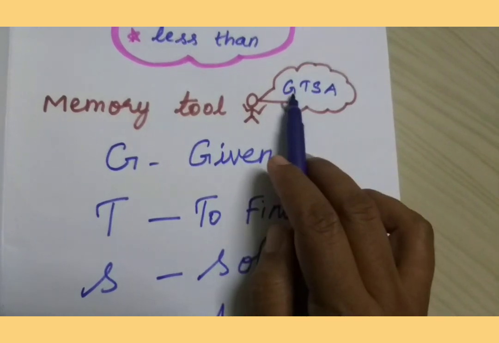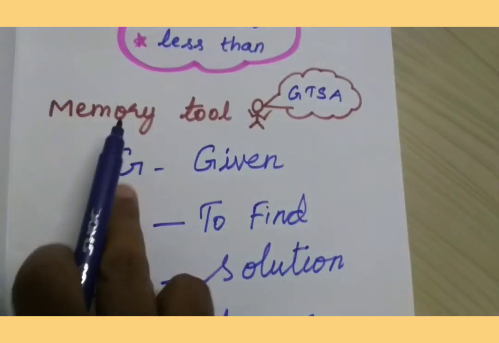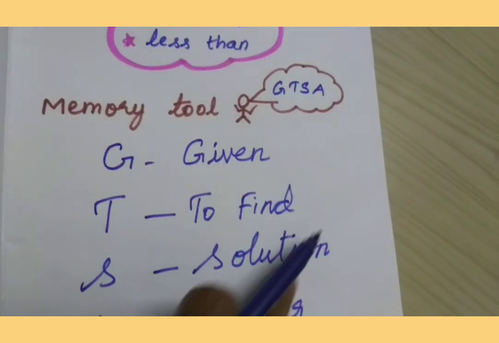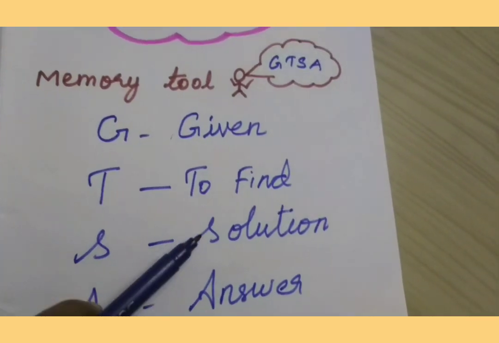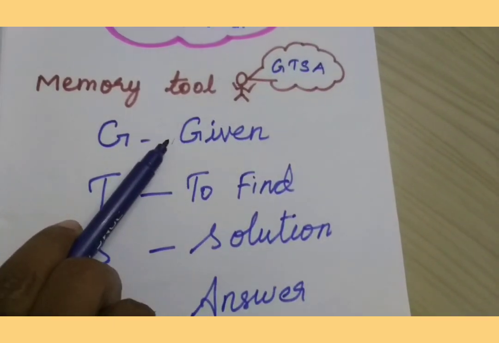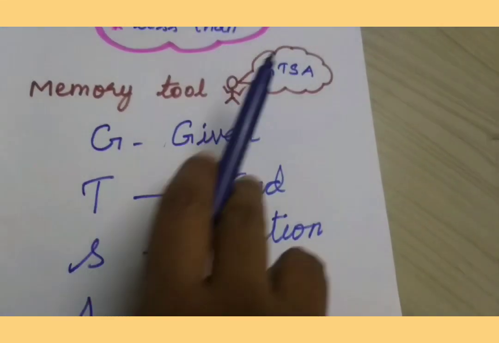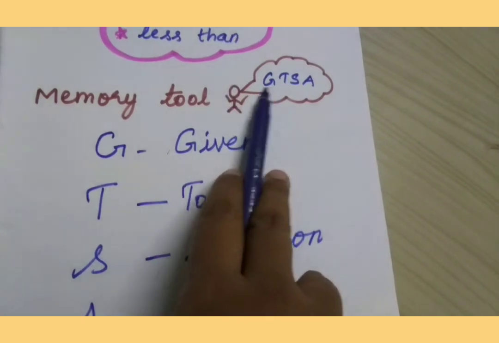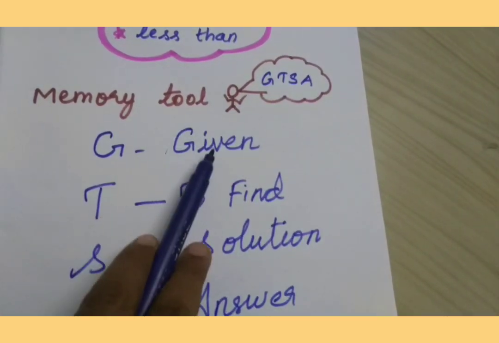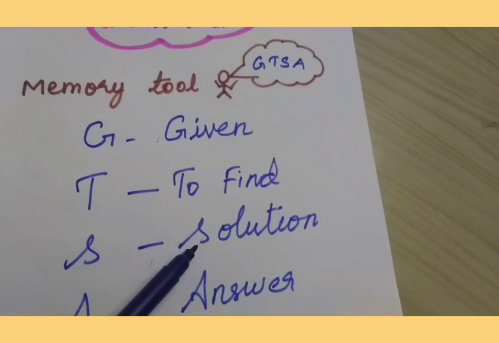GTSA is the memory tool for the headings under the statement sums. What are the headings? Given, to find, solution, answer. What is the spelling of solution?